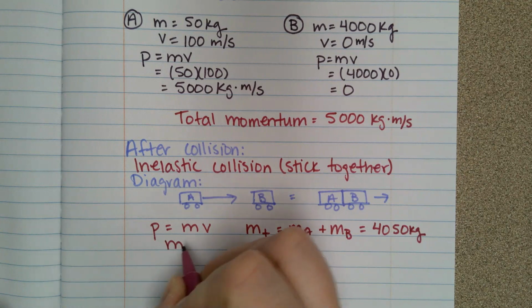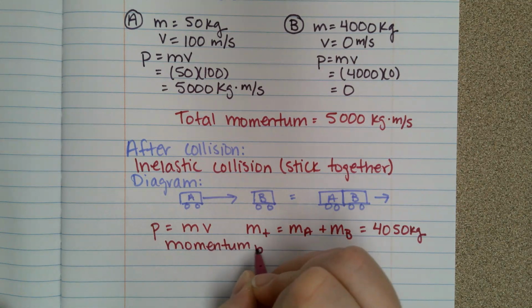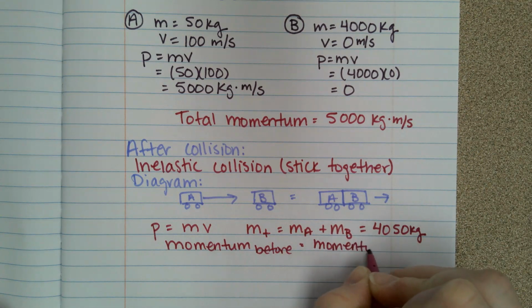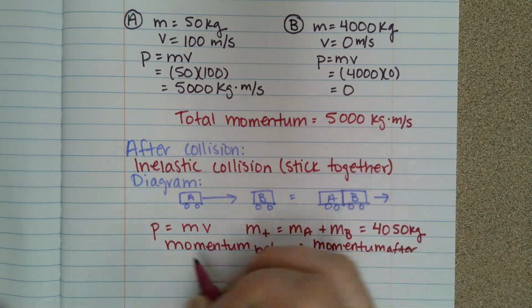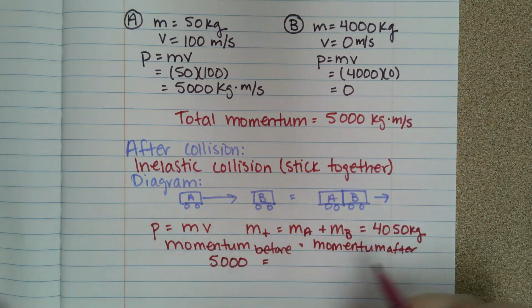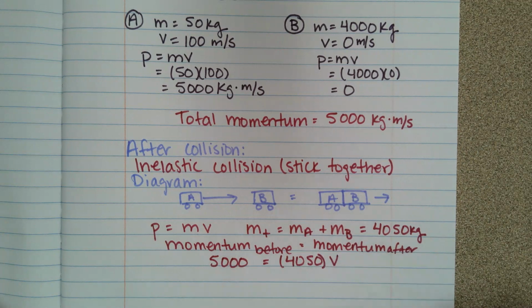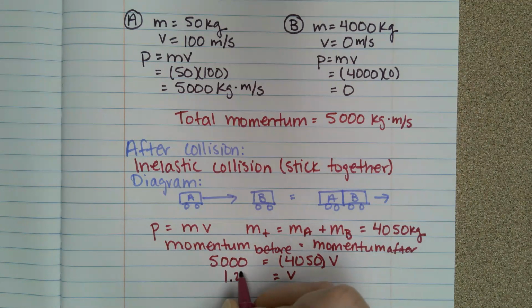So momentum before equals momentum after. Our momentum before is our total momentum, so that's our 5,000. And we have our mass, 4,050, and we're looking for the velocity after they hit each other. So all you have to do is divide, and you end up with a velocity of 1.23 meters per second, which makes sense.